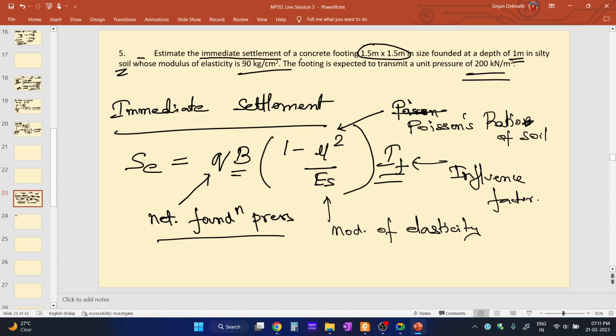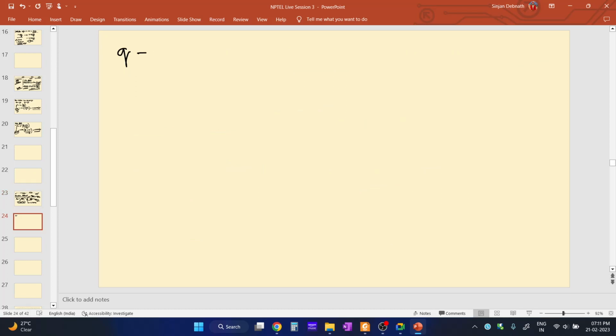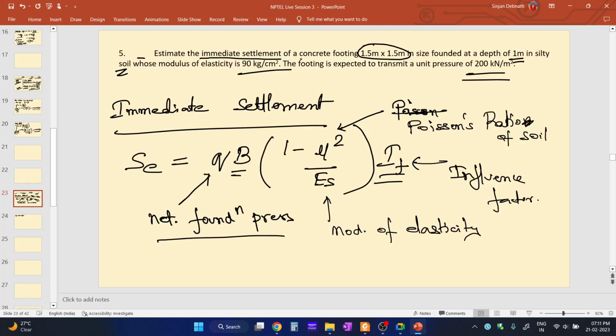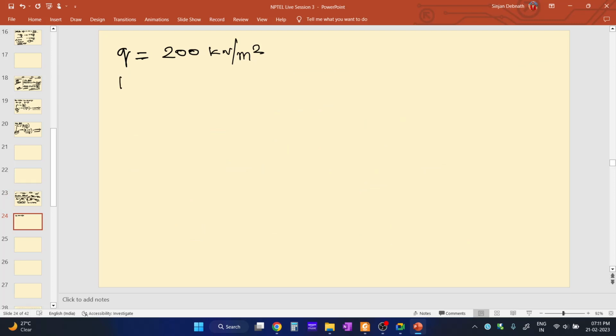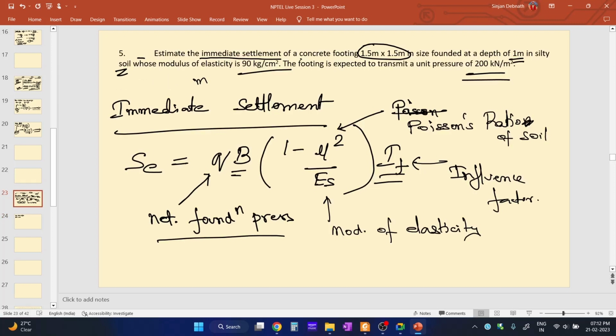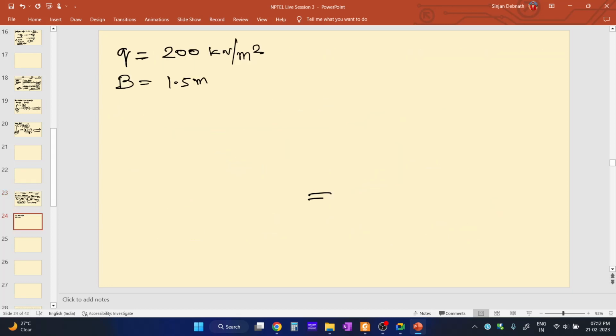It is 200 kilonewton per meter square. Next, B. What is the breadth of the foundation? So B is 1.5 meter. Now what is ES? ES is the Young's modulus of soil, that is 90 kg per centimeter square.